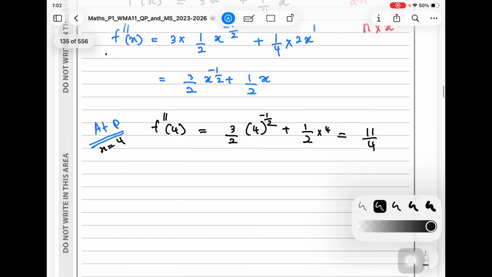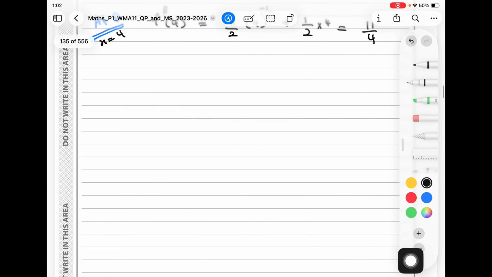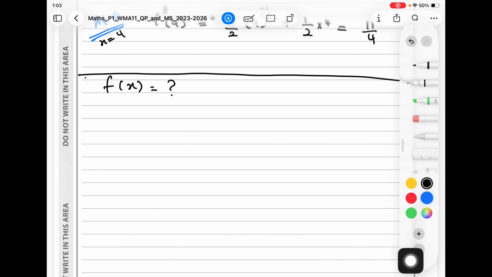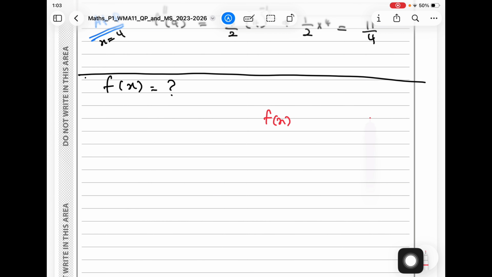Then they're asking us to find f(x). Only now are they coming back to finding f(x). Whenever we find f(x), let's think about the theory behind it. From f(x) to f'(x), you differentiate.